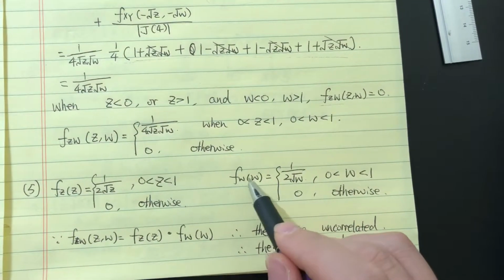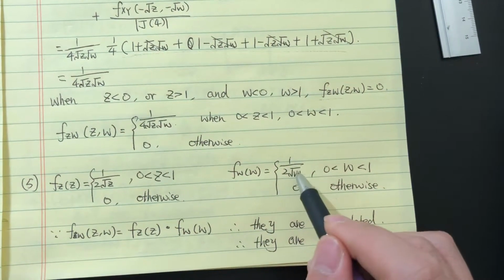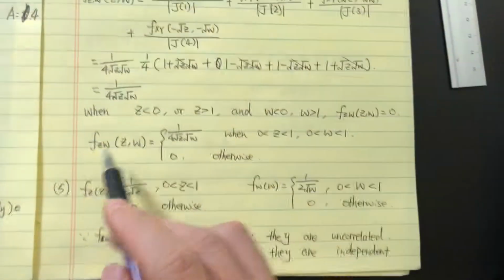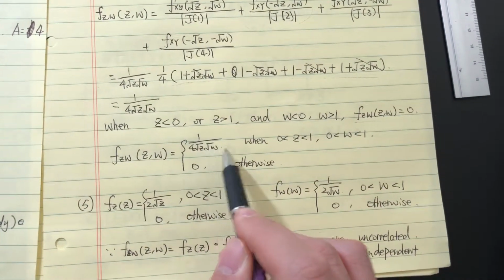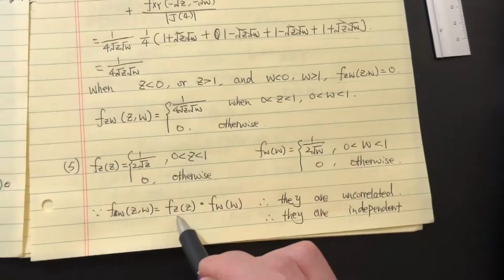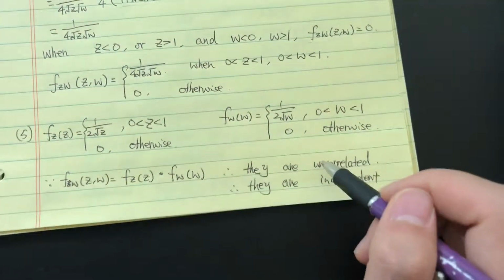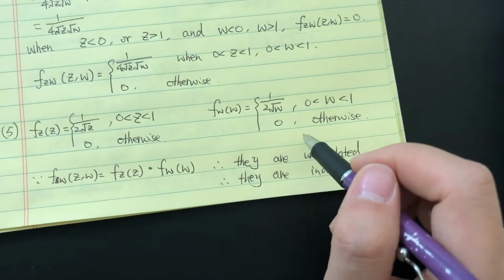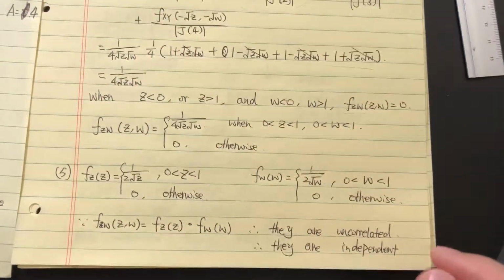And f_W(w) can be written as 1 over 2 square root W. So this part, 1 over 4 square root Z square root W, is equal to f_Z times f_W. So they are uncorrelated. And because they are jointly normal, they are independent. So this is question 1.